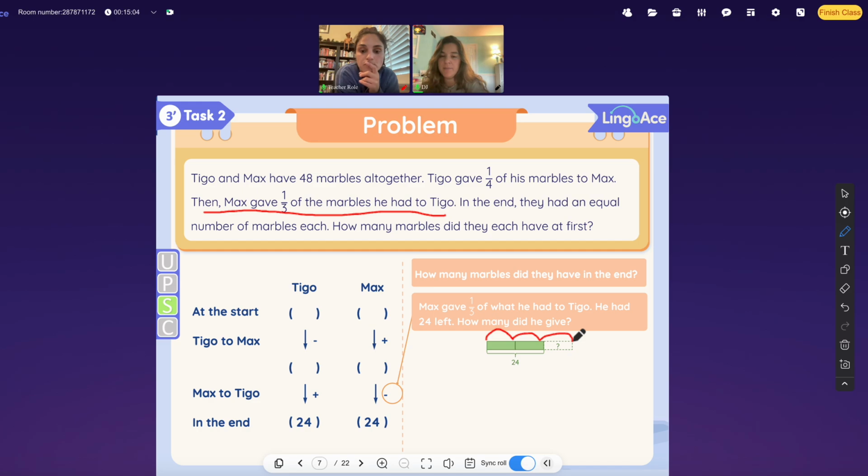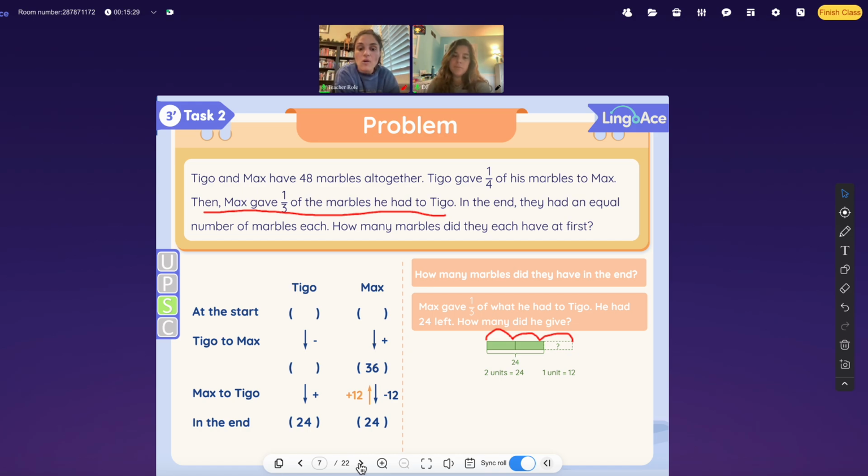Divide 24 by 2 since it's in 2 sections, so it's 12 per section. Very good. Excellent. Which tells us 1 unit is 12. So now we know that we have to add 12 because we are doing it backwards.